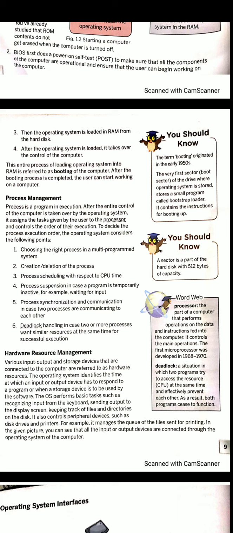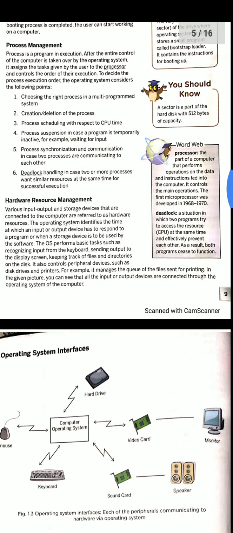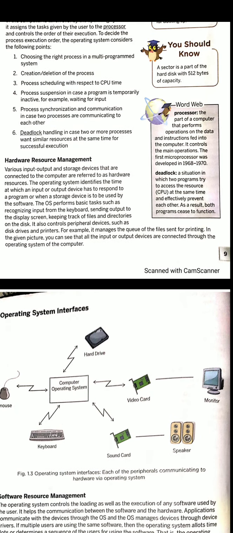All of it is handled by the operating system. The operating system manages all process scheduling, suspension, synchronization, or deadlock handling as per the user's demand. Then it also handles hardware resources. We will discuss hardware resource management in the next video.